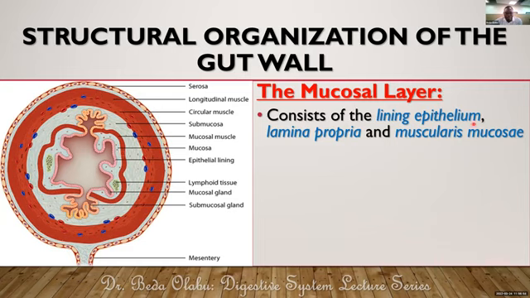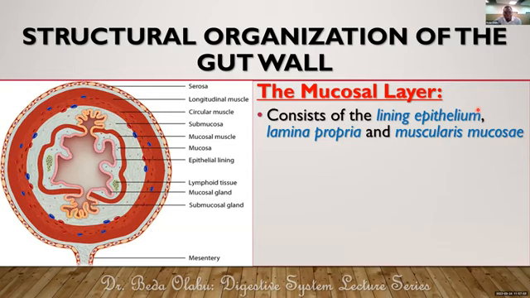Now let's say something about the lining epithelium. The lining epithelium of the alimentary canal, remember, is largely for protection, but it will vary depending on which segment of the alimentary canal you're in.